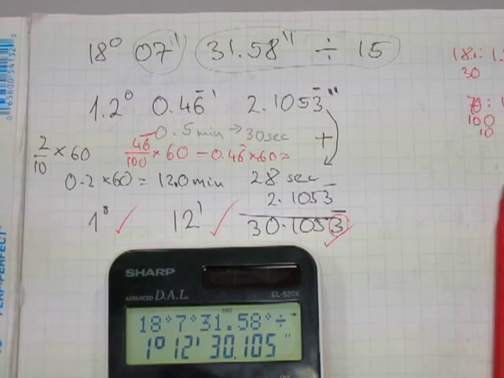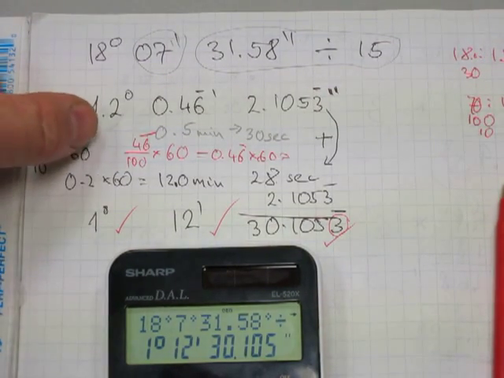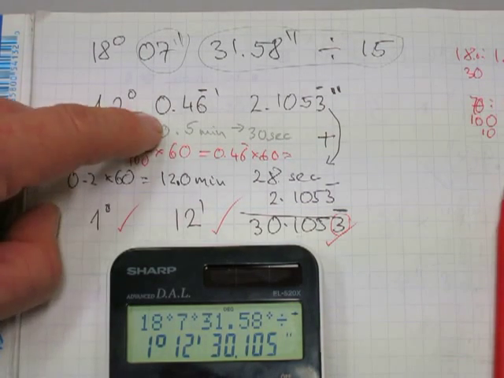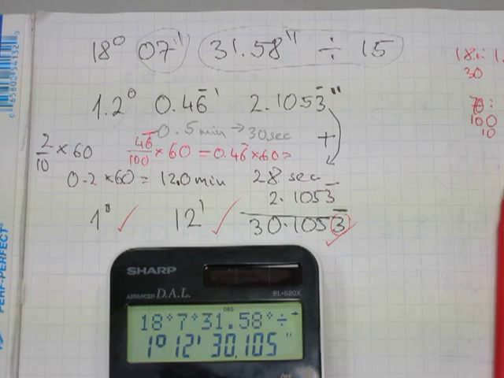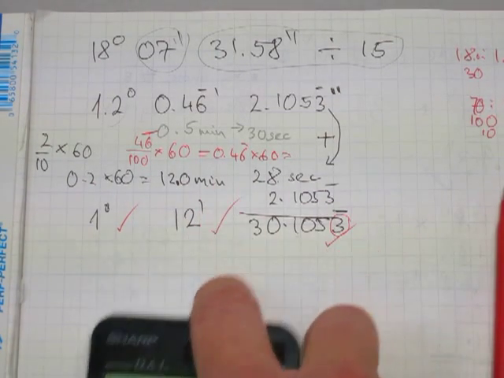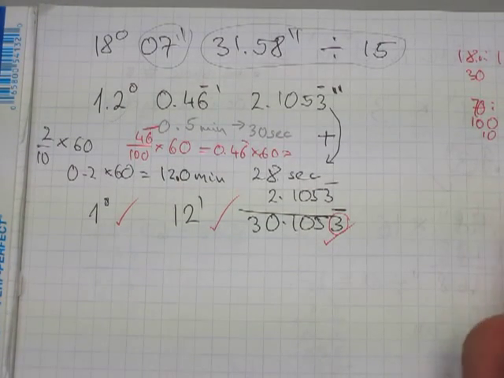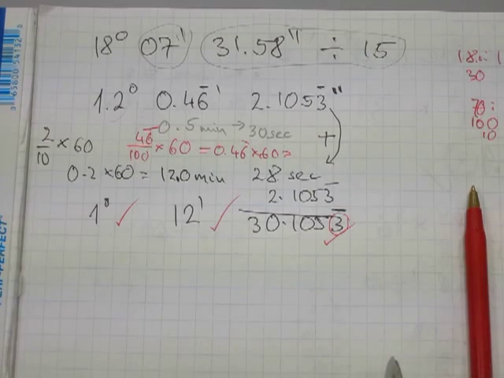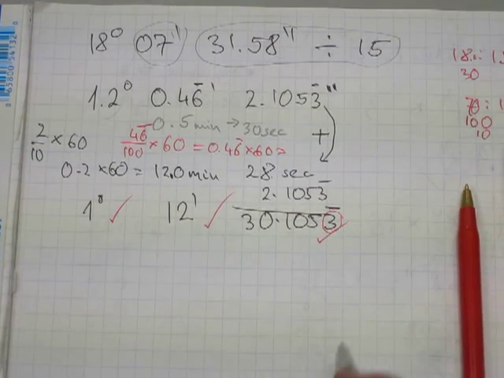In the meanwhile, we also covered how to convert a decimal degree into degrees and minutes, or a decimal minute into minutes and seconds, although with this one we don't have any minutes, it's 0 minutes already. Let's see if we can do it backwards and convert degrees, minutes and seconds and make a decimal degree out of it.